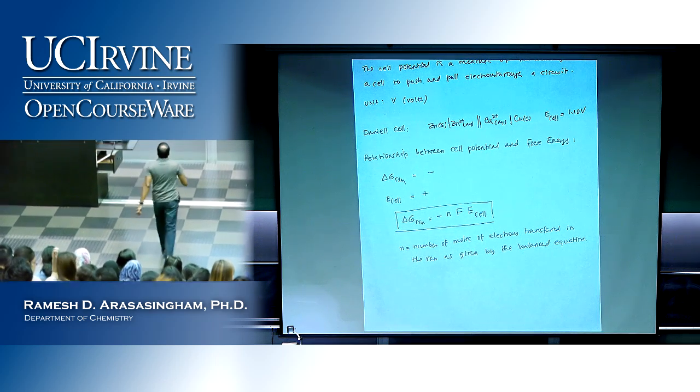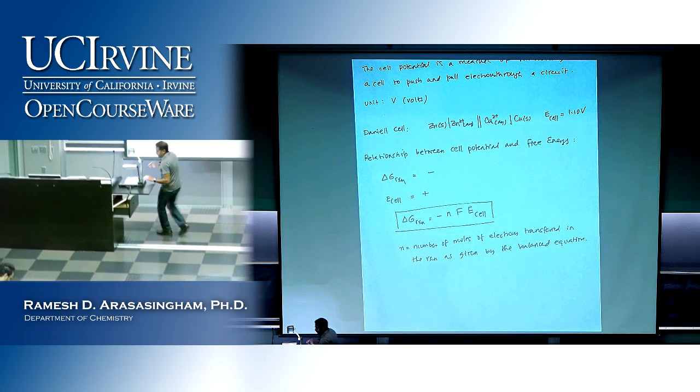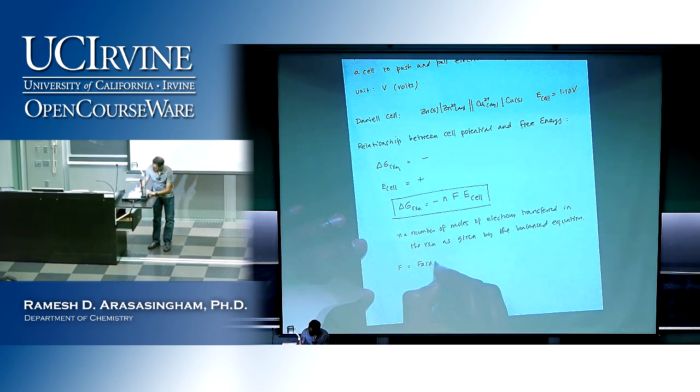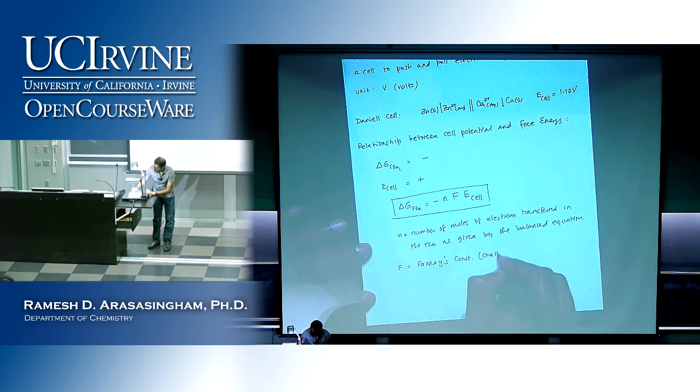Now, F is called Faraday's constant. Faraday's constant gives you the charge per mole of electrons.